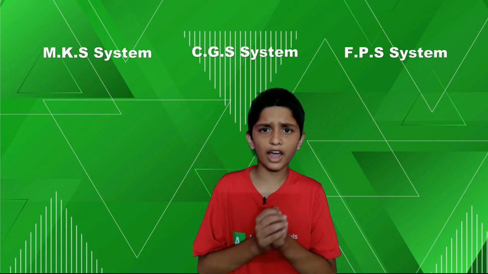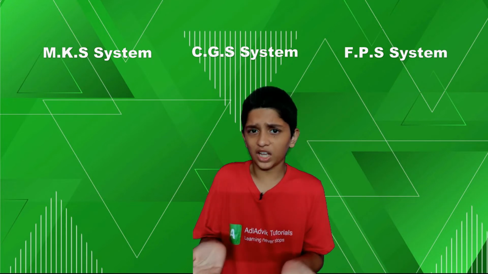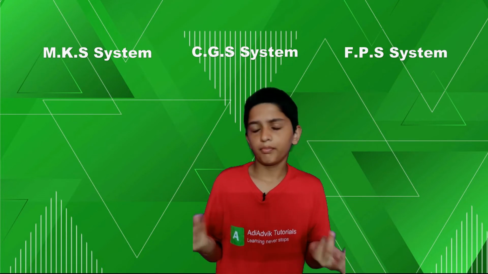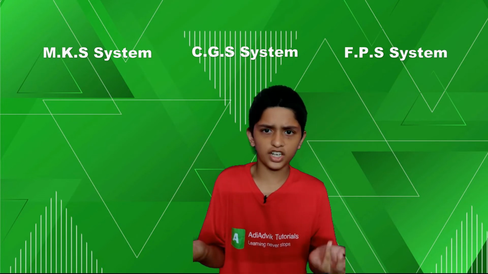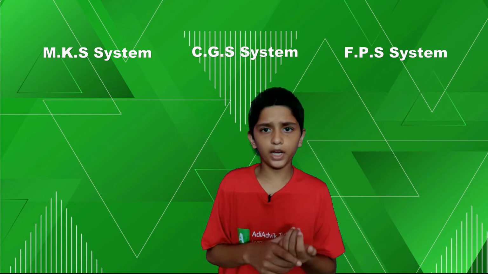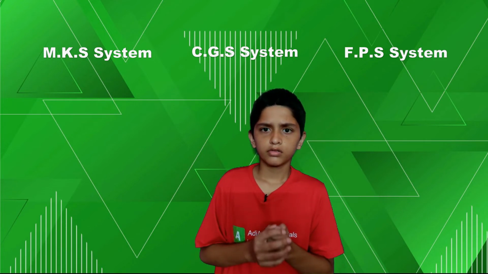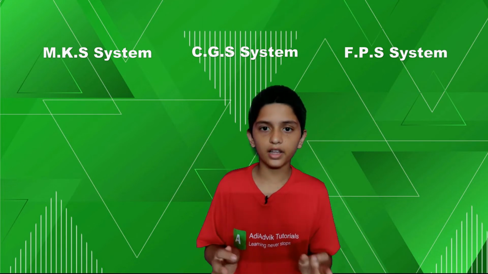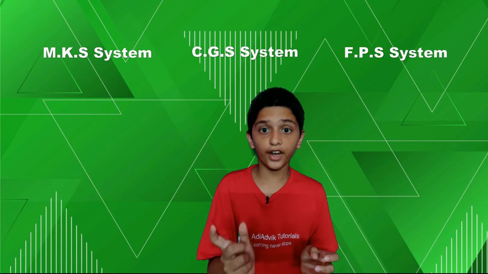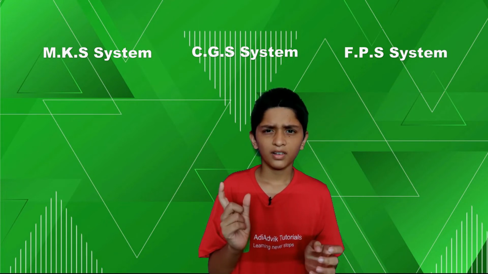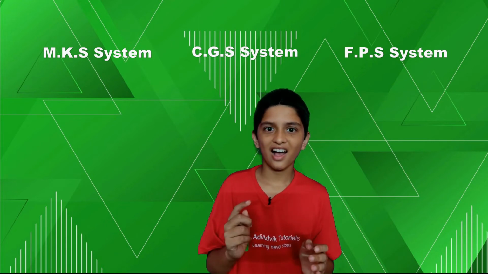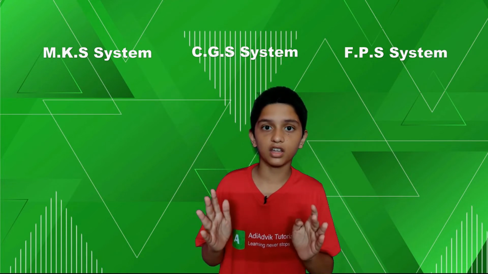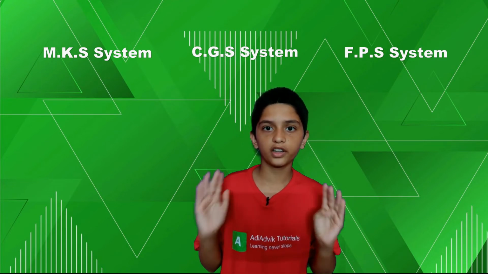And we also have the FPS system. F doesn't stand for anything common right now, like meter, and P doesn't stand for gram. So what is it? F means feet. Before, we were using feet to measure distances, like 1 foot, 2 feet, 3 feet.